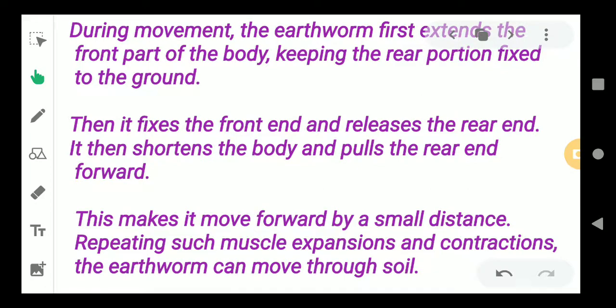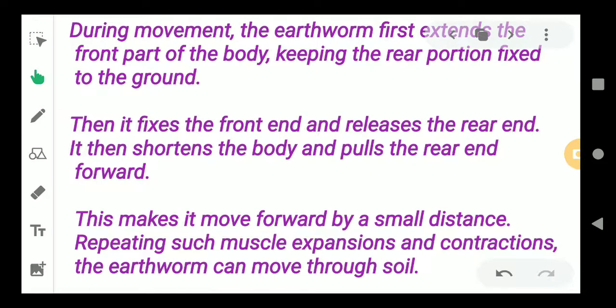Now let's see how locomotion occurs in an earthworm. During movement, the earthworm first extends the front part of the body and keeps the rear portion fixed to the ground. Then it fixes the front part and releases the rear end.